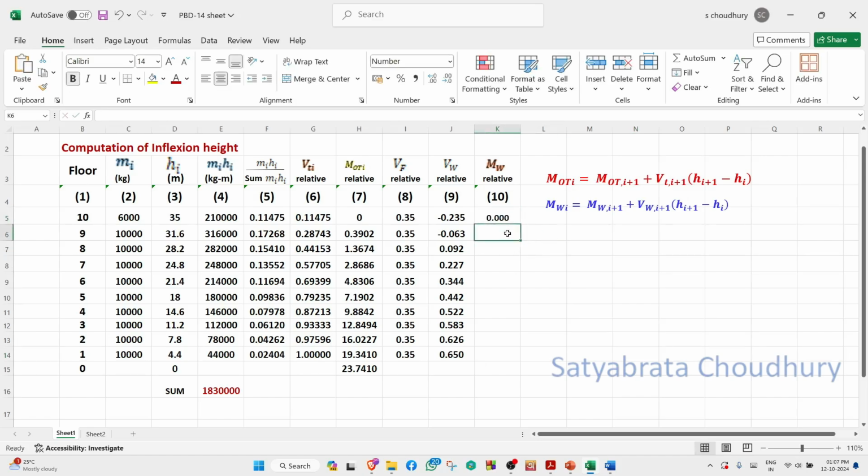This equals this previous moment plus the previous shear in the wall, this one, multiplied by the height difference here. So the height at the above story is 35 minus this one. So this is the value.